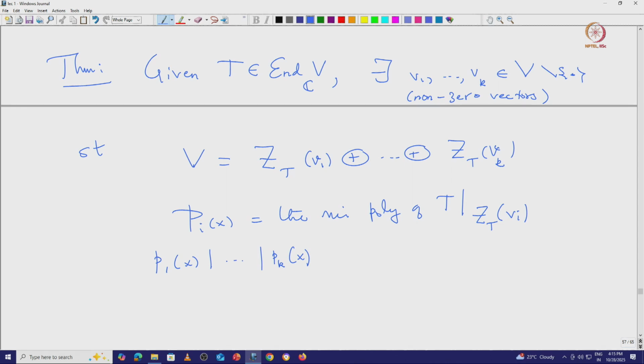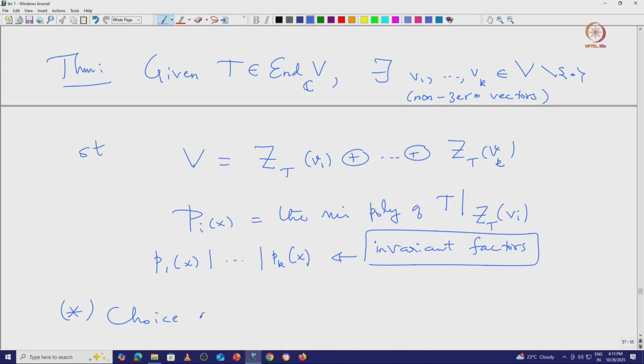Pk of x. So these are called invariant factors, and they are uniquely determined by T. So these Vi's need not be unique.